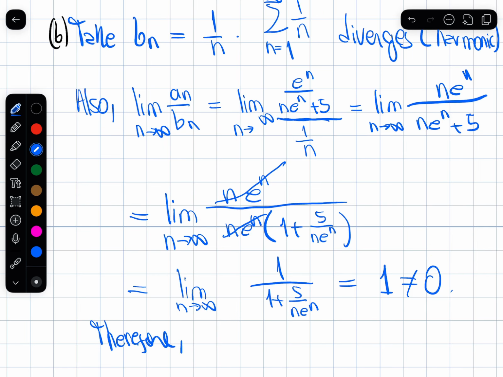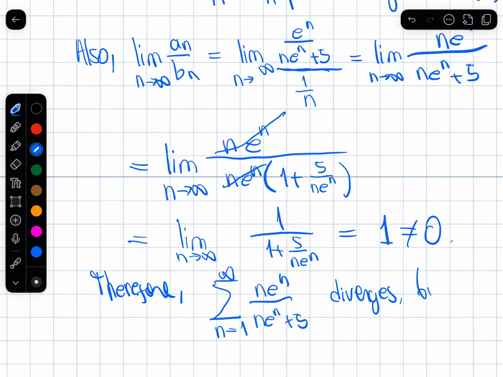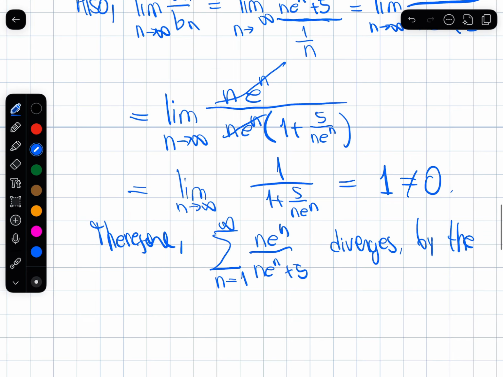So I can say, therefore, the other series, n e to the power n, e to the power n plus 5, diverges by the limit comparison test. There's a whole array of series that you can figure out now whether they converge or whether they diverge.